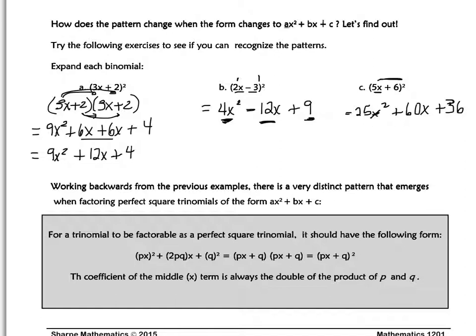So it's basically the same kind of pattern as what we had in x squared plus bx plus c. I just want to highlight that the coefficient of the middle term is always double the product of your first and last terms, right?